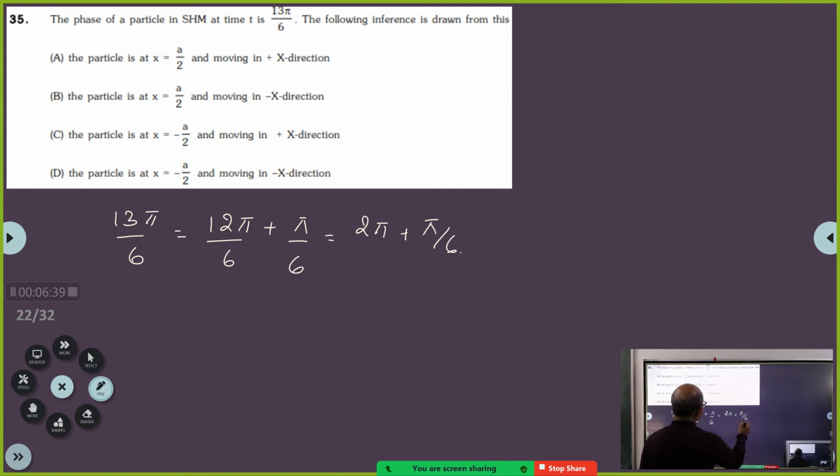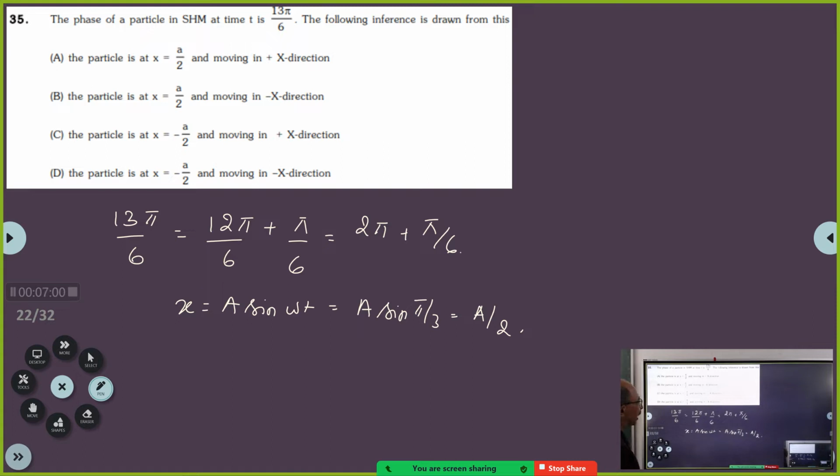So that means now pi by 6. Supposing you take the particle as x is equal to a sine of omega t, this one will be a sine of pi by 6. That is going to be a by 2. And of course pi by 6 is in the positive direction. So A is the right option.